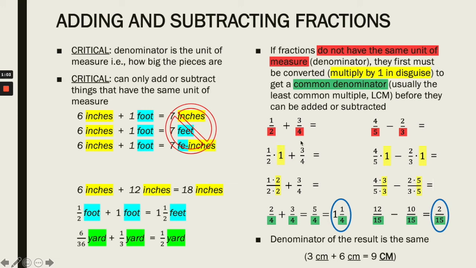To get the same unit of measure, we need to convert one of them or maybe both of them. On the last slide, I said that the strategy you take should be based on all of the fractions in the problem. Because the denominator of 1/2 is easily converted into the denominator of 3/4 by multiplying it by 2, I would choose just to scale up the fraction 1/2.